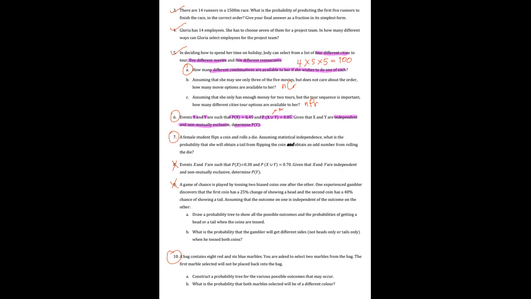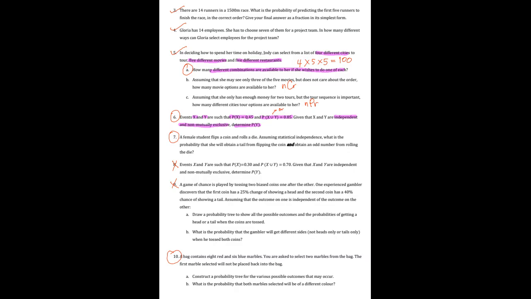Now, from this, you basically know that there are 2 events, X and Y. You know the probability of one of them. You know the probability of X, and you know the probability of X or Y occurring, but what they didn't give you was a probability of Y, and that's what you're calculating. So let's calculate that. So what you're going to do is they said to you that the events are independent and they're also non-mutually exclusive.